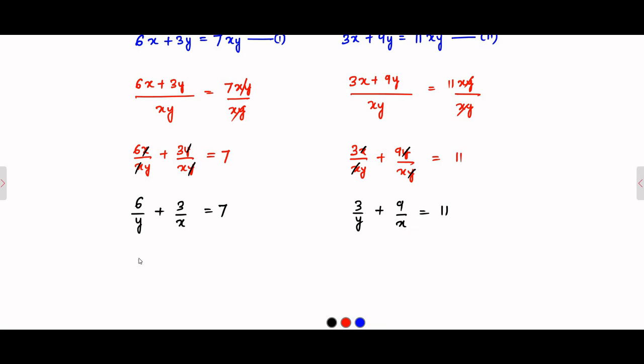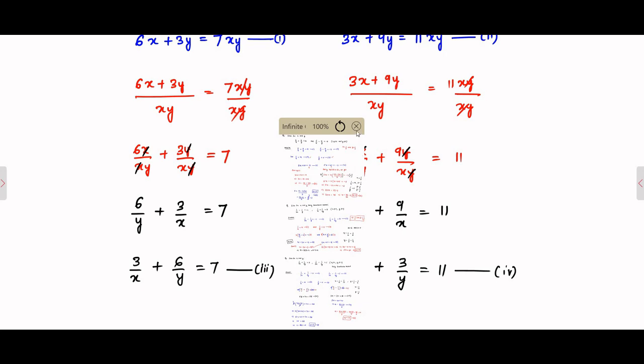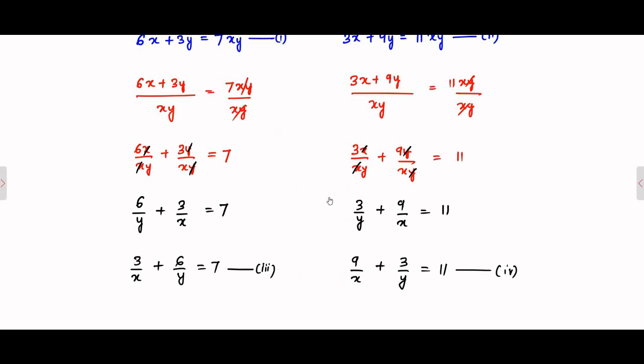We write them as 3 by x plus 6 by y equal to 7, x first, then y, and here also 9 by x plus 3 by y equal to 11. Let's call it equation 3 and this equation 4.